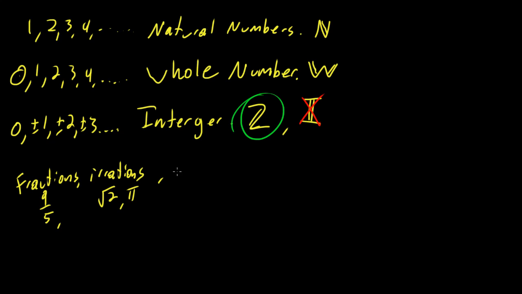And also 0, plus or minus 1, plus or minus 2. There's infinite of these. We call that the real number system. Real numbers, and this has the denotation of R, with an extra little thing, so the real number system.